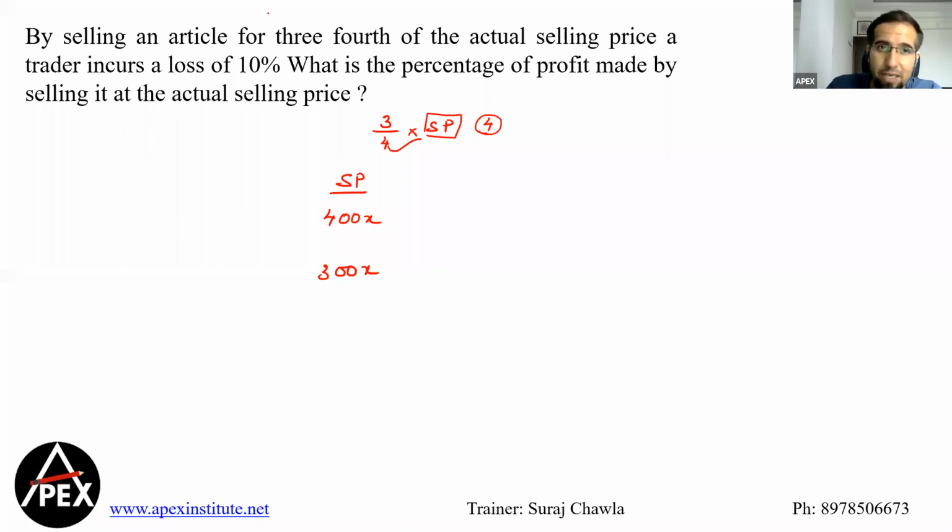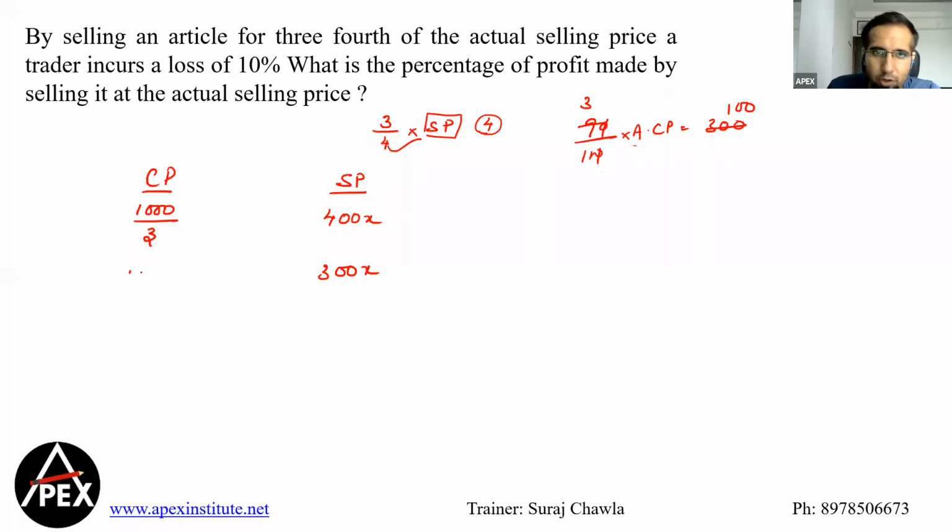So can I say that 90 percent of actual cost price is equal to 300? 0 and 0 get cancelled. This is 3 threes are, this is 300s are. So the actual cost price according to me is 1000 by 3.